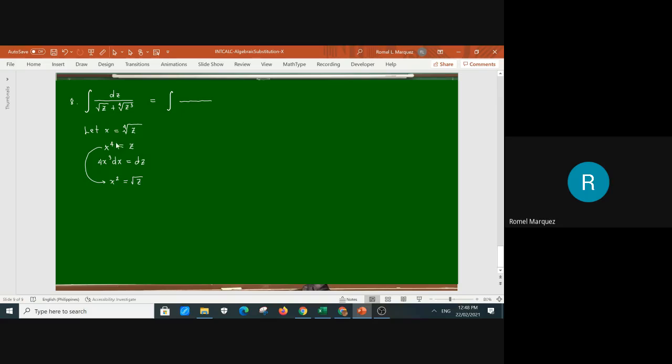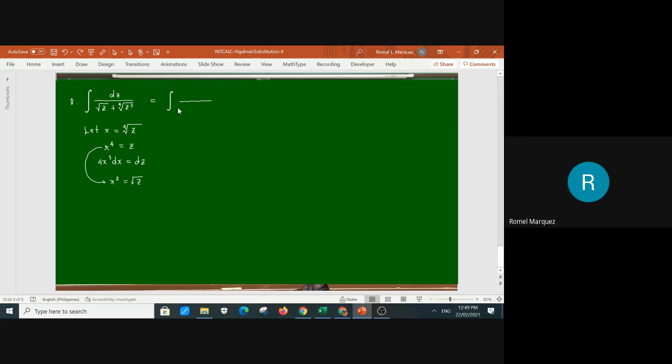What about the fourth root? If I have the fourth root, it is simply x. So actually, it's already there, no need to solve.